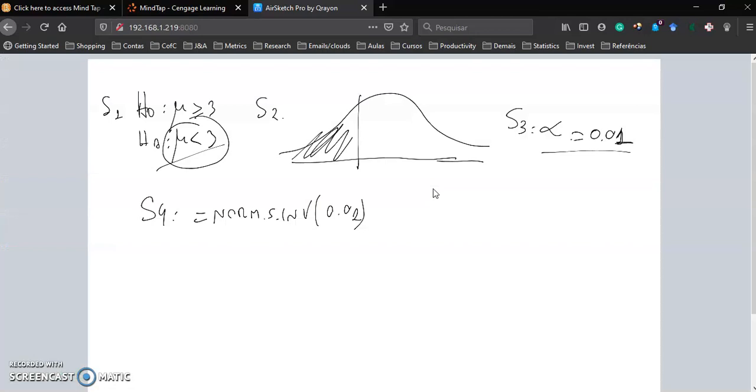Okay, so let me go back here. So my z critical, negative 2.32, that's my rejection region.